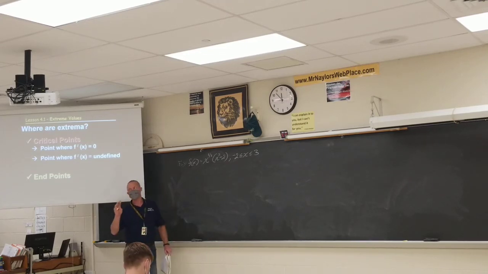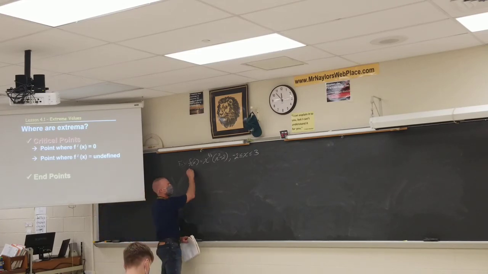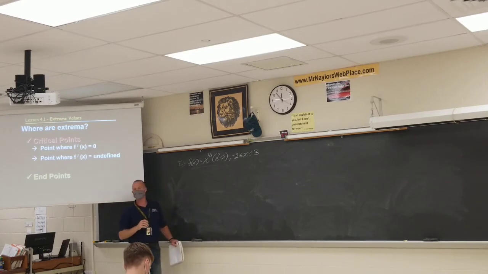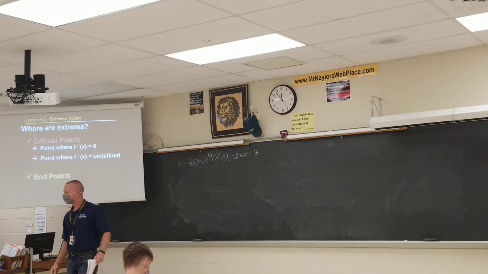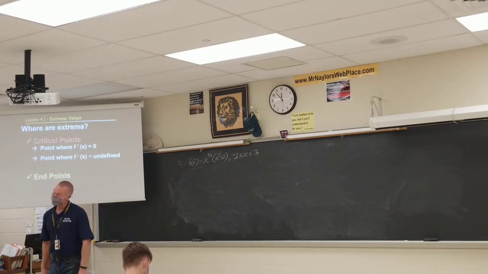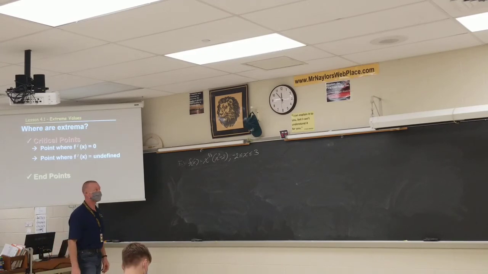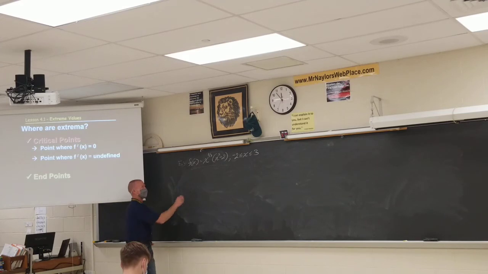I'm purposely not using a calculator, but I do want you guys to understand that this is a graph, and we're trying to analyze that graph, again, without just putting it in the calculator. Although we might use a calculator somewhere along the way, let's try not to use it as much as possible for now.